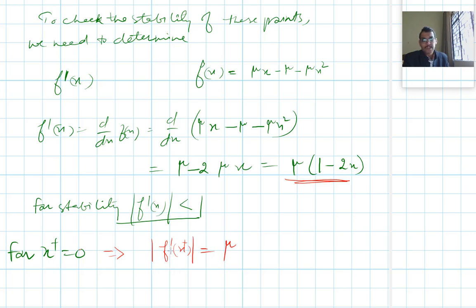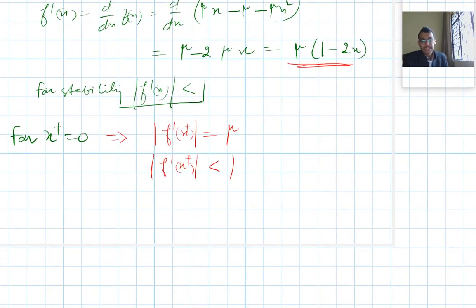So mod of f prime x must be equal to mu. But if we keep in mind the stability criteria, then the mod of f prime x dagger must be less than 1. That means that mu is less than 1. So this is the condition for this, right?